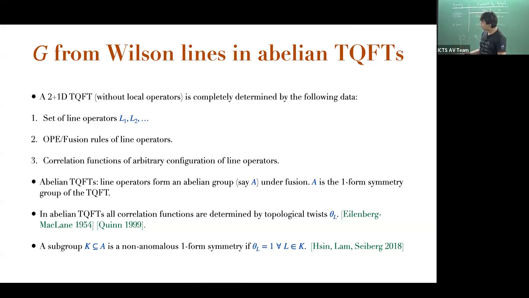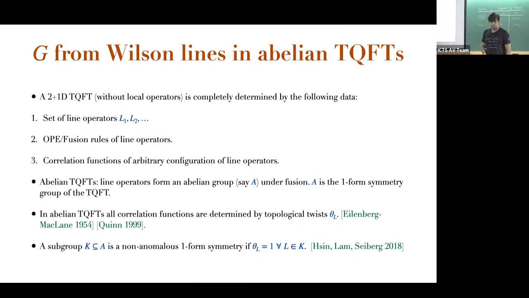A subgroup of this full group A of line operators doesn't have any anomaly, it's non-anomalous, if the twist is 1 on all the lines belonging to the subgroup. If the topological twist is not 1 for a subgroup, then that subgroup cannot be gauged. So the anomaly is captured by these topological twists. We will use these two facts in the next example.